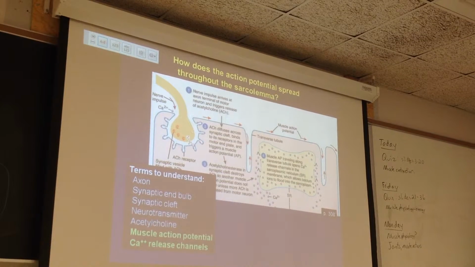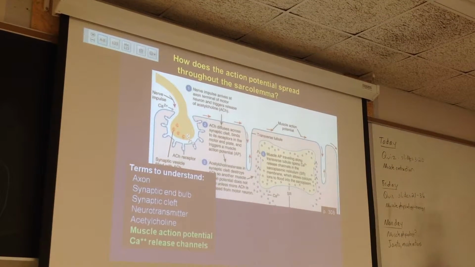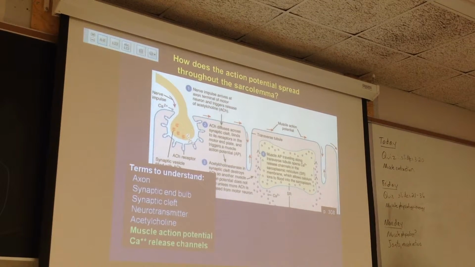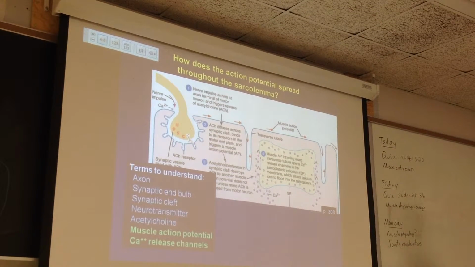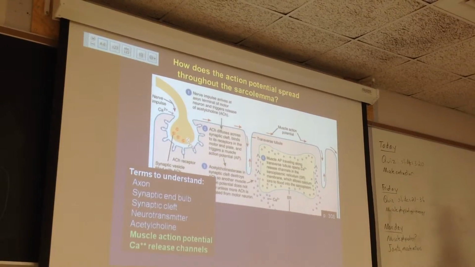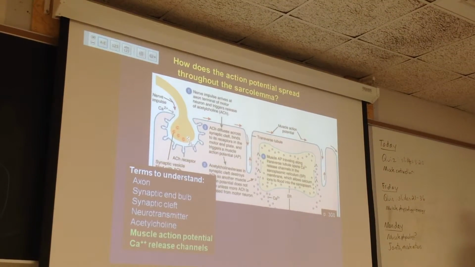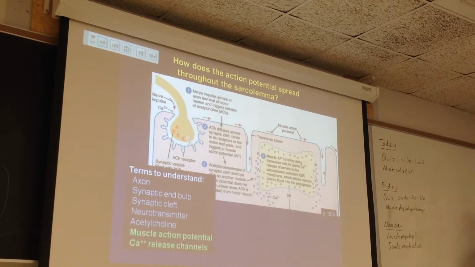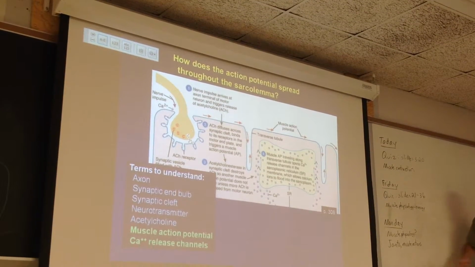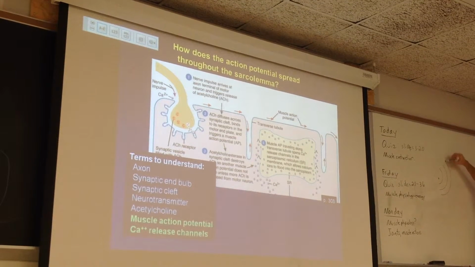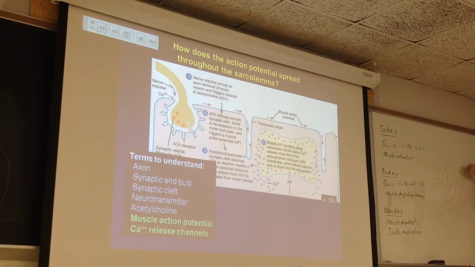What it is, it's an electrical wave moving across the membrane, the sarcolemma, the muscle cell's membrane. More or less, it initiates at a point and then spreads outward, like you throwing a rock in a pond, and you get waves that spread outward from that.